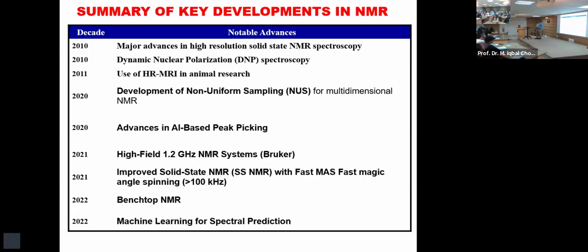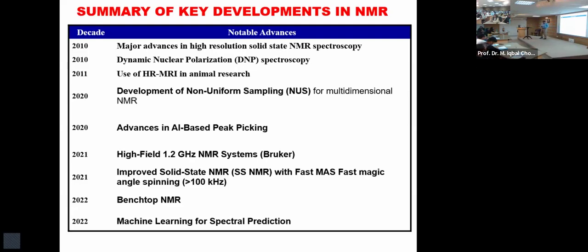Machine learning has now been used in modern advanced NMR, in which a machine decides whether the entire FID has to be recorded, or only a certain non-uniform sampling has to be done, and also how many scans have to be done based on the sensitivity.